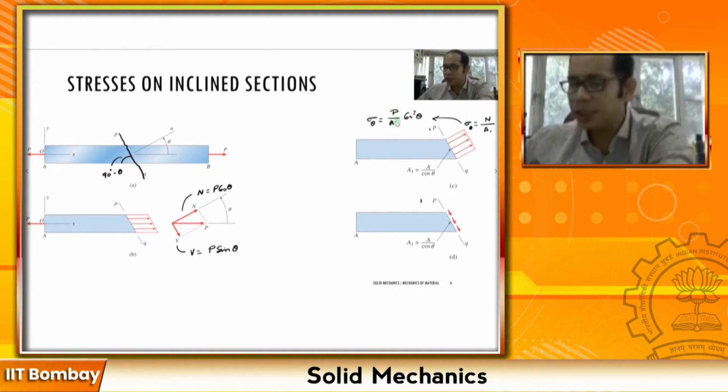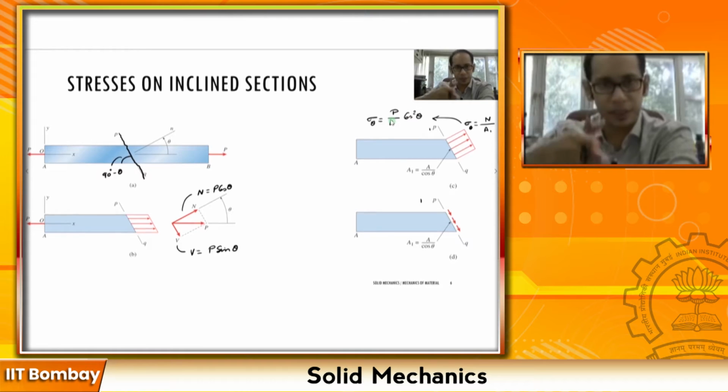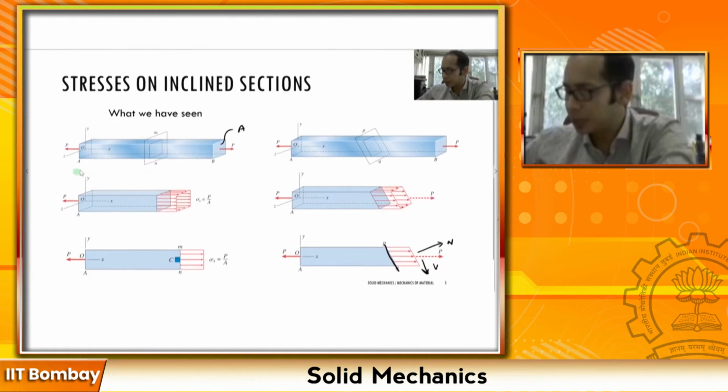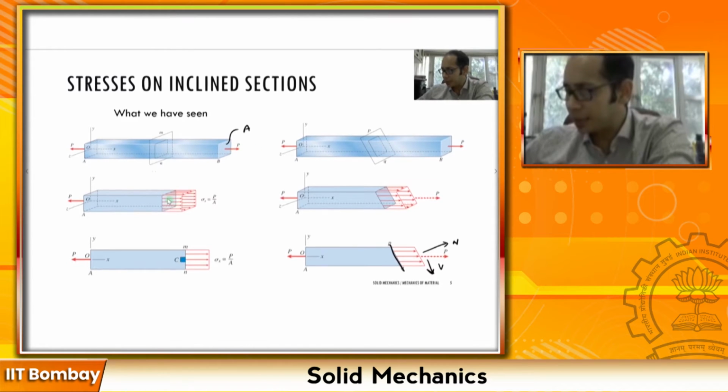Now remember, what is P divided by A? P is this force which is acting over here, and A is the area of cross section which is perpendicular to the longitudinal axis. P divided by A is nothing but this particular quantity, sigma x.